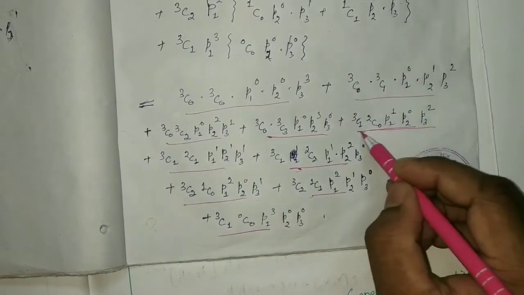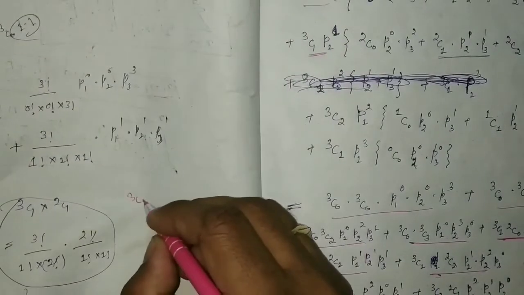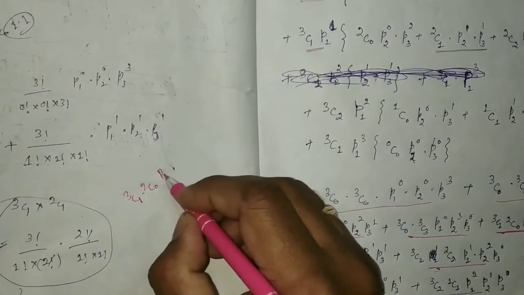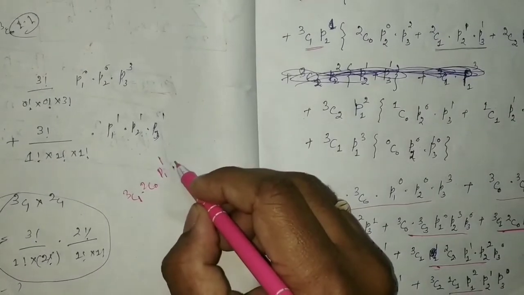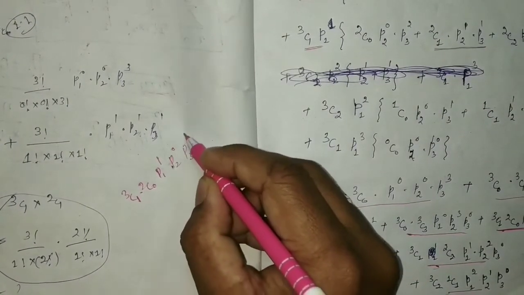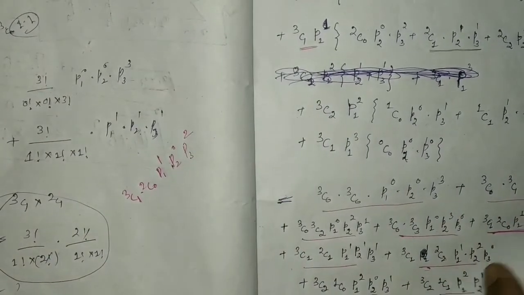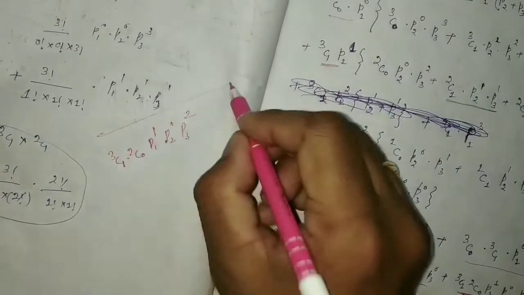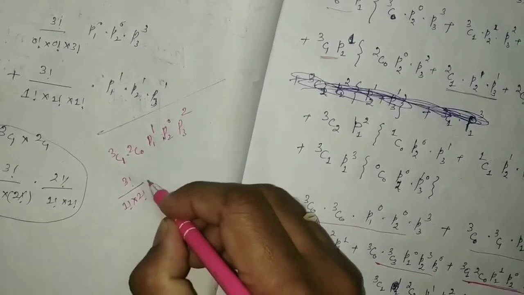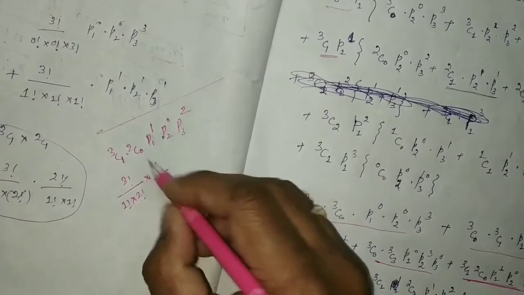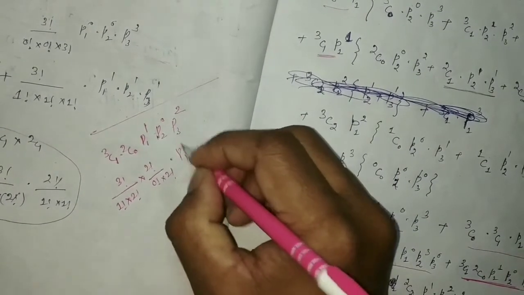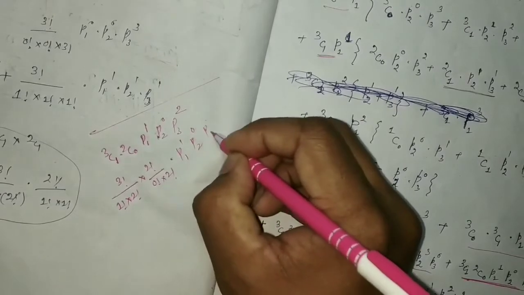Suppose we have to consider this term, that is your 3c1 2c0 into 2c0 p1 to the power 1 and p2 to the power 0 and p3 to the power 2. Then if I further solve it, this will be 3 factorial by 1 factorial into 2 factorial, into 2 factorial by 0 factorial into 2 factorial, into p1 to the power 1, p2 to the power 0, p3 to the power 2.